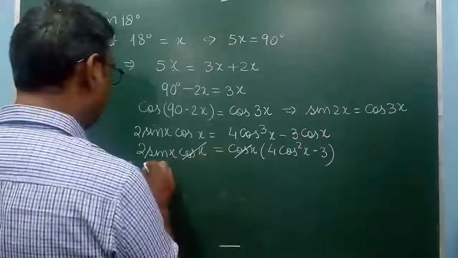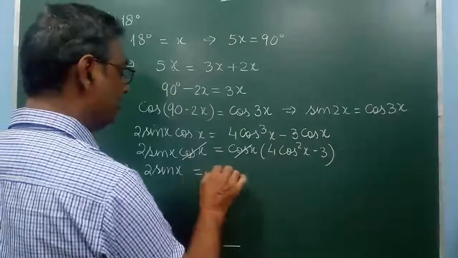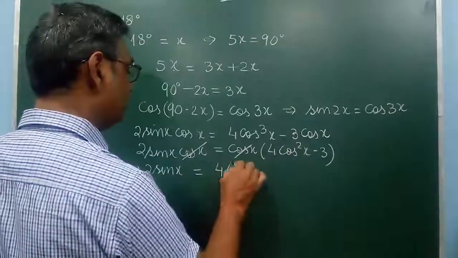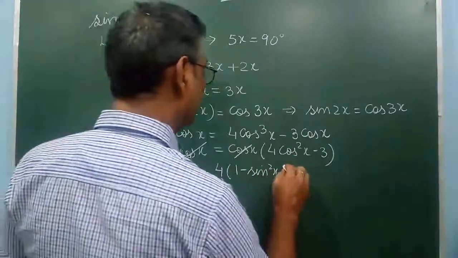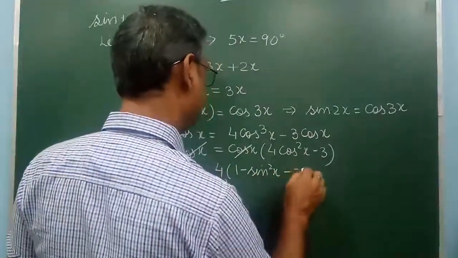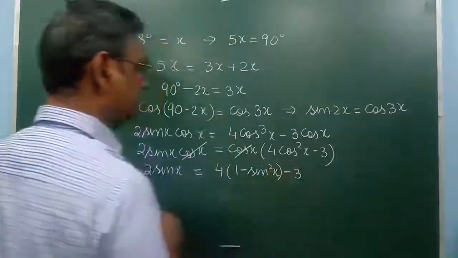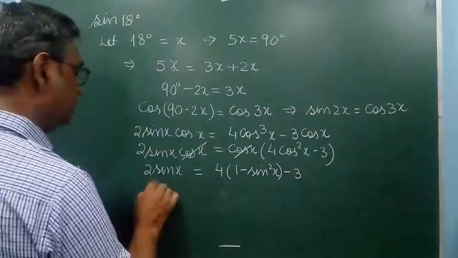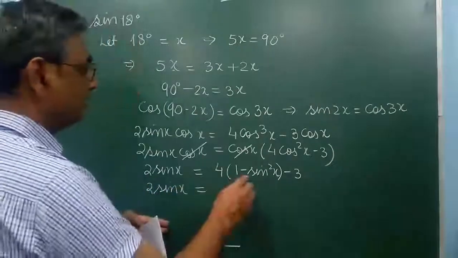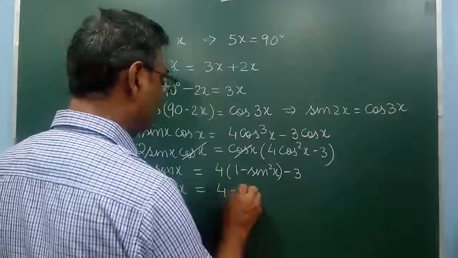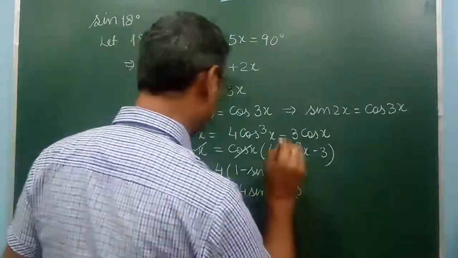Now, what are we having? So, this is 2 sin x is equal to 4. We can convert this cos square to 1 minus sin square x, minus 3. So, like this, means 2 sin x is equal to 4 minus 4 sin square x minus 3.